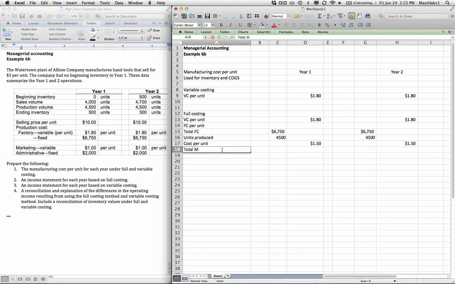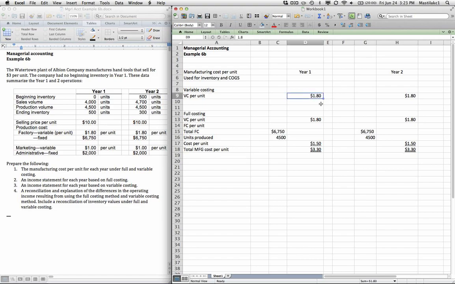And so our total manufacturing cost per unit is going to be the $1.80 plus $1.50, or $3.30. And there we go. So that is requirement 1.